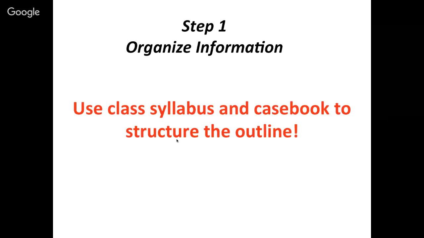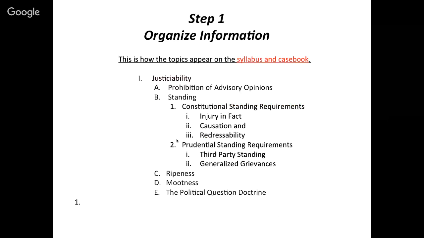All right, step one is organizing the information. The way to do that is to use your syllabus and your casebook. When I say use the casebook, you should be using the table of contents. And when you look at the syllabus, you should look at the headings and see how it's structured. This is how both the casebook and the syllabus are structured. As you can see, justiciability is the overall concept, and there are five concepts under it.